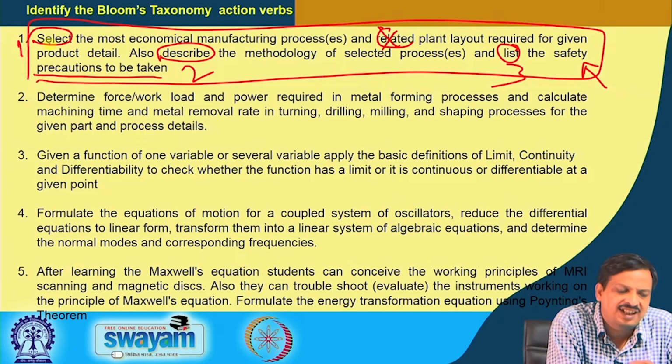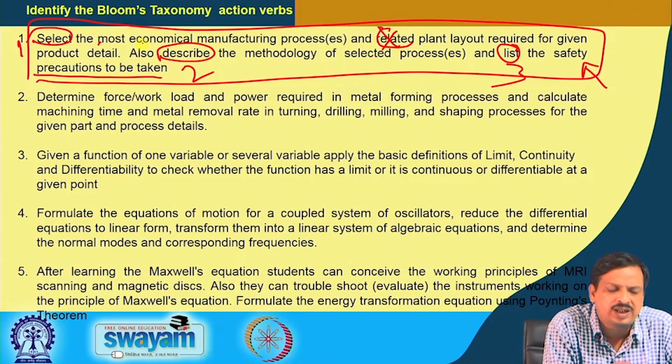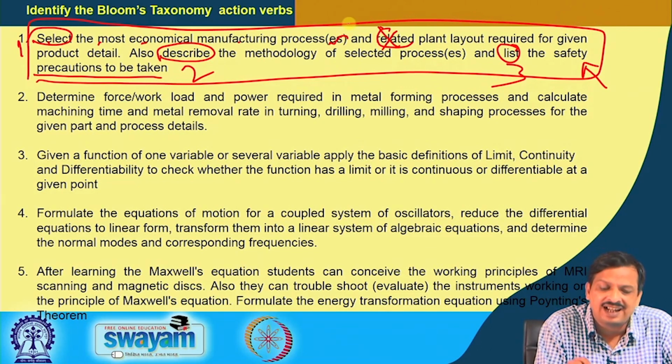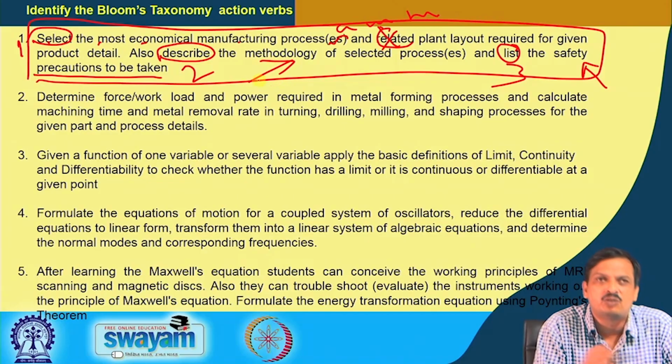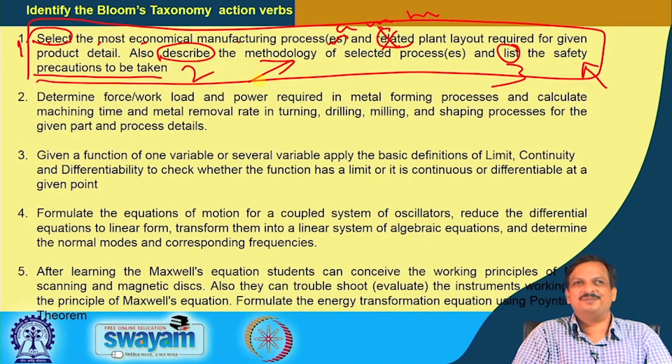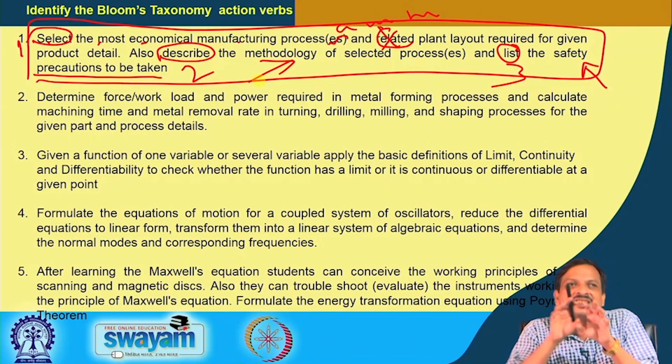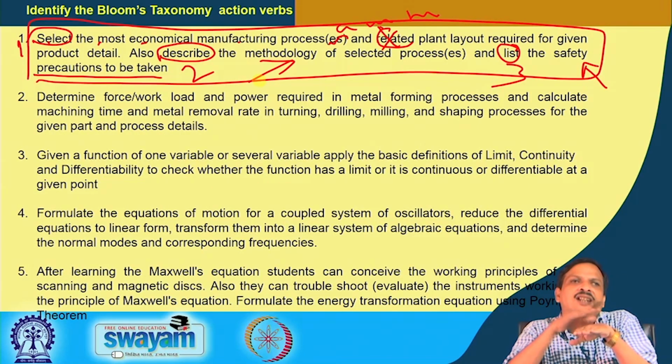So, if I say select the most economical manufacturing process, and if I add and justify your selection, then the outcome becomes evaluation level. Why did I say select is knowledge level?